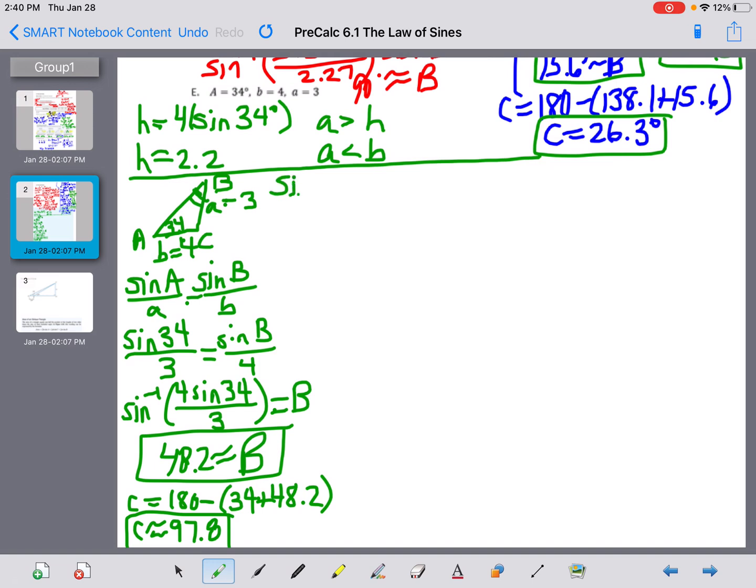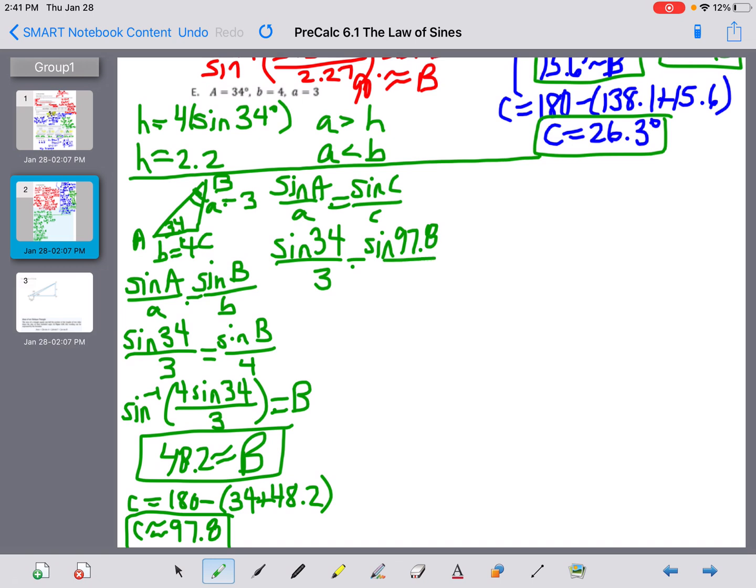Okay. So I have one more thing to find, which is my little c. So I'm going to do sine A over a again, sine C over c again. And this time my sine of 34 over my side of 3 equals the sine of 97.8 over c, because that's the obtuse angle. And then I'm looking for little c. So c is going to be 3 times the sine of 97.8 divided by the sine of 34.